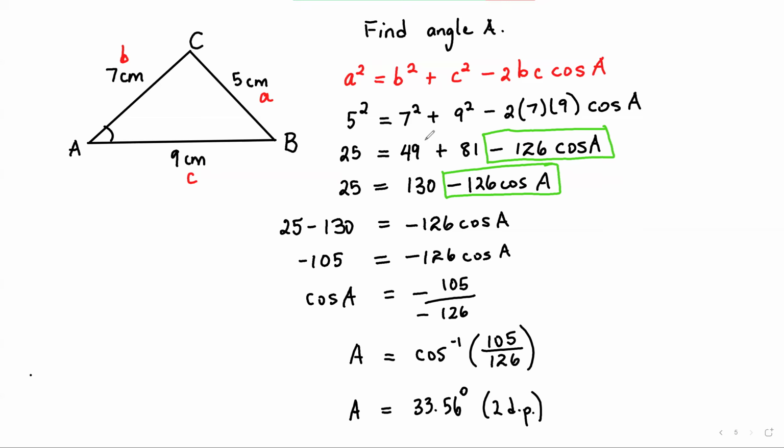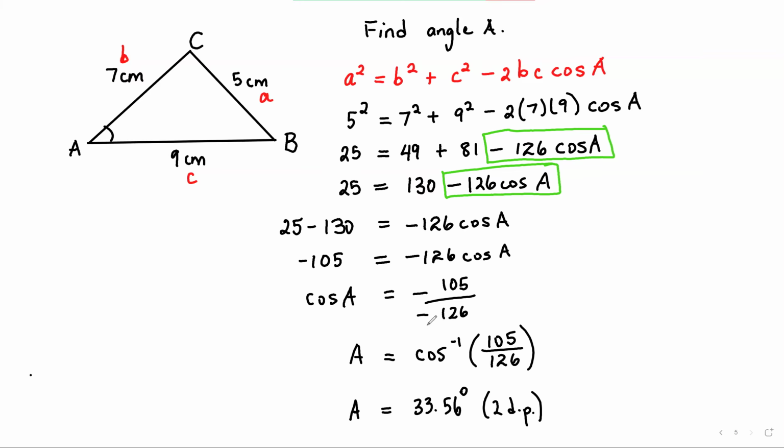So everything else I could work out because they're all constants. 25 is equal to 49 plus 81. So that would be 25 is equal to 130 minus 126 cos of A. So therefore, 25 take away 130 would be minus 105 being equal to minus 126 cos of A. And if that's the case, then cos of A is equal to minus 105 over minus 126.